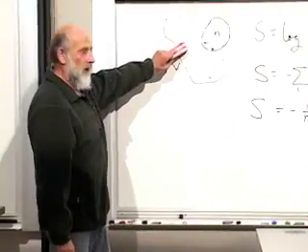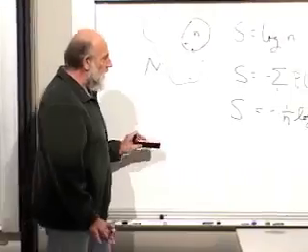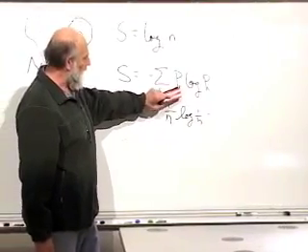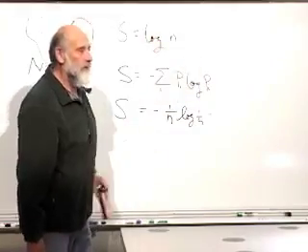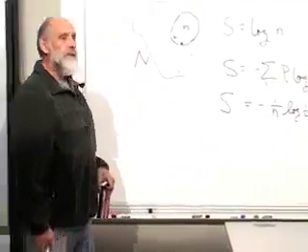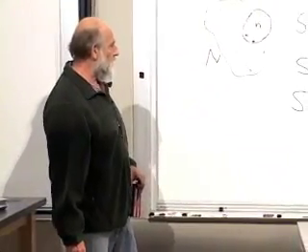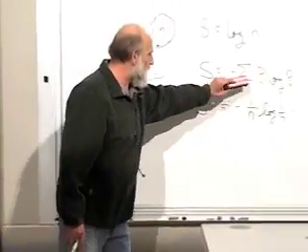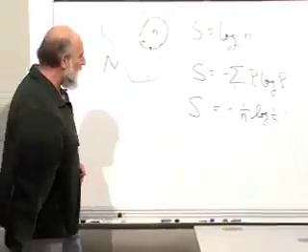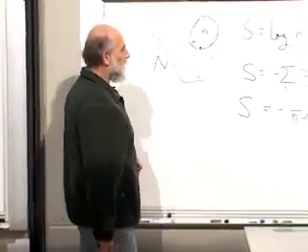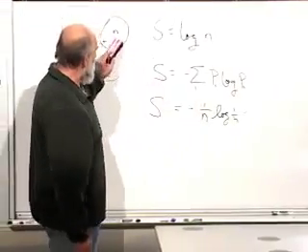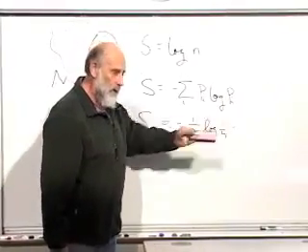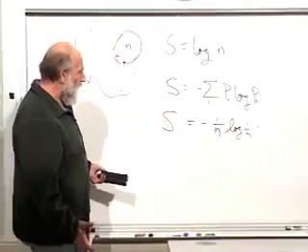What about the states on the outside? The states on the outside give 0 because their probabilities are 0. 0 times logarithm of 0 is 0. Logarithm is infinite when p is 0, but p log p is 0. So for every configuration in here, you get 1 over n log 1 over n. What's the log of 1 over n?